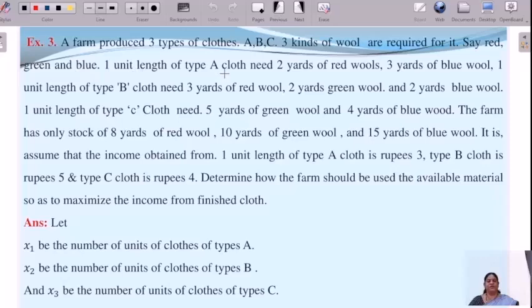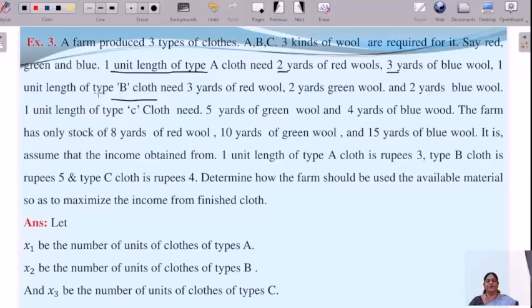1 unit length of type A cloth needs 2 yards of red wool. To prepare 1 unit length of type A cloth, it requires 2 yards of red wool, 3 yards of blue wool, and 1 unit length of type B cloth.